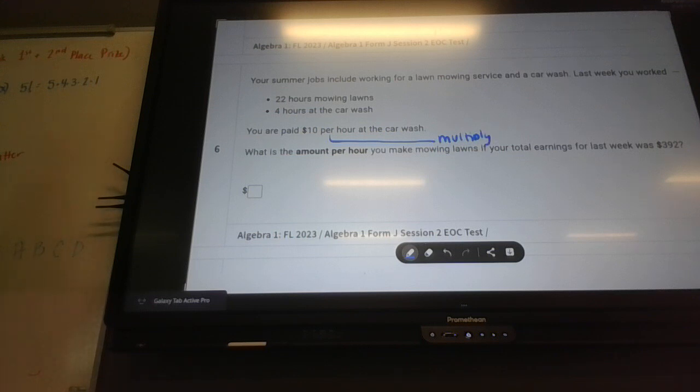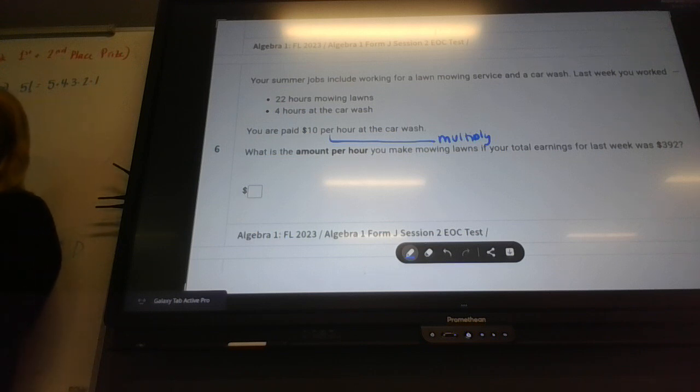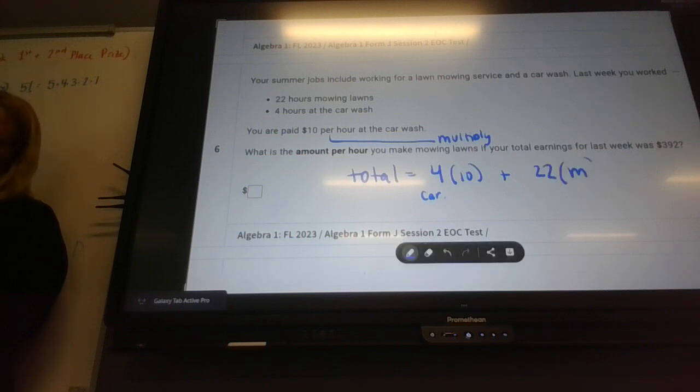What is the amount per hour you make mowing lawns if your total was $392? So total equals what? 4, which is the car wash, times $10 plus 22, and we don't know how much money you're getting mowing lawns.